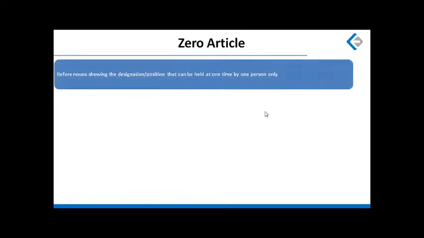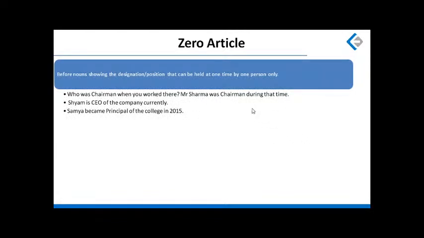Other examples: before nouns that show the designation or position that can be held at one time by one person only. First example, "Who was the chairman when you worked there?" "Mr. Sharma was chairman." Should I write "the chairman"? Not required. I just write "Mr. Sharma was chairman." Second, "Shyam is CEO."